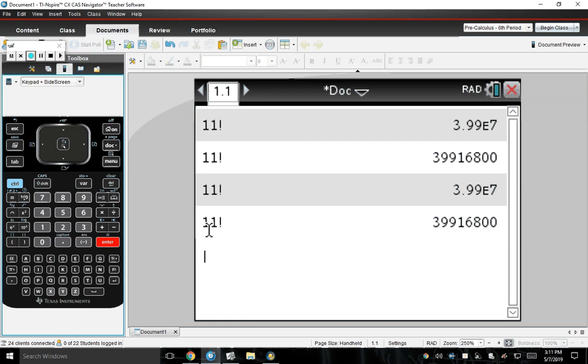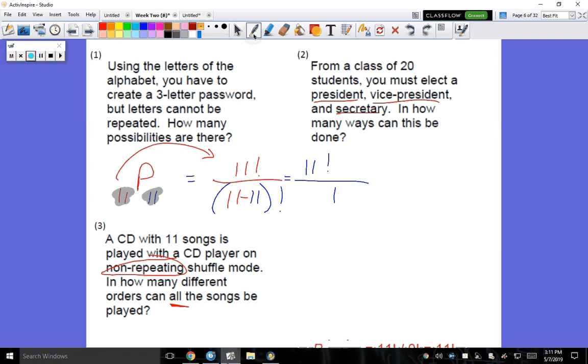And that's huge, guys. So there's 11 songs on the CD, and how you could pick them in order, guys, there's 39,916,800 different ways. So that's probability, that's permutations.